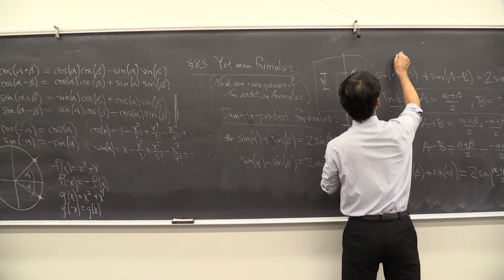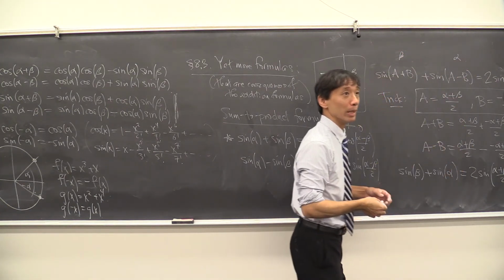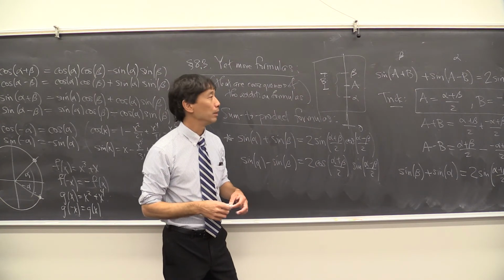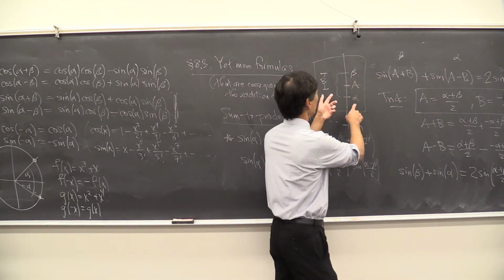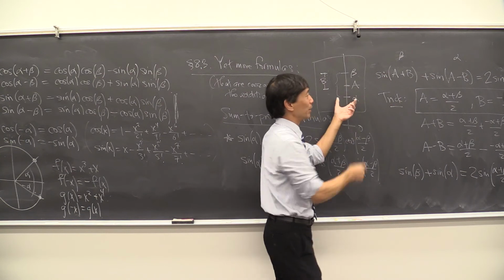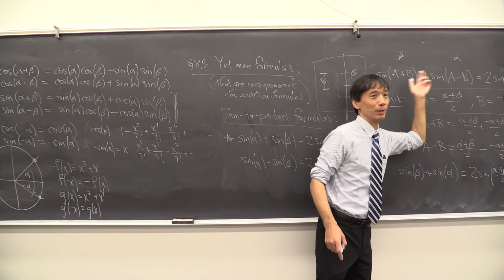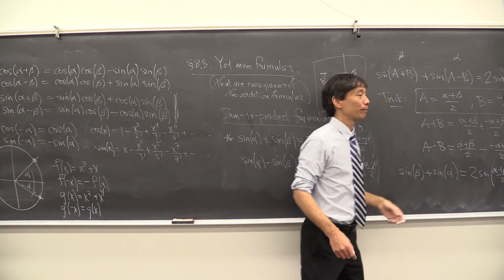We want this to be beta, and we want this to be alpha, or vice versa. It doesn't matter. Anyway, this is just a mathematical trick to express this as one term and this as another term, as any beta and any alpha.